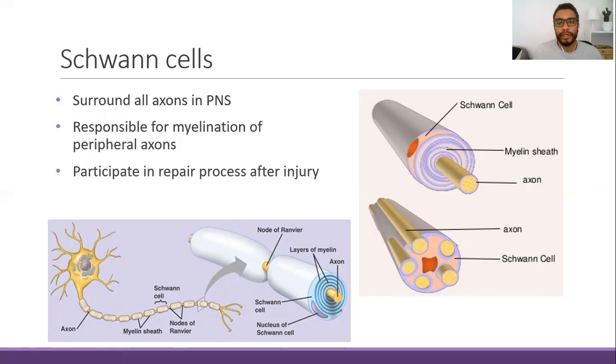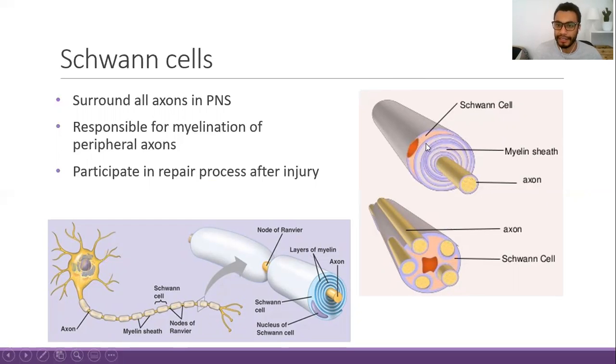So it's worth mentioning that Schwann cells do not necessarily produce myelin in the peripheral nervous system. Some Schwann cells can be present in myelinated axons, such as this example here.